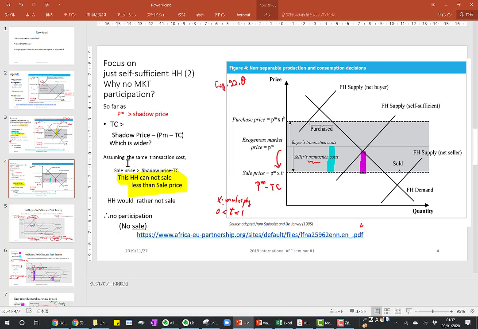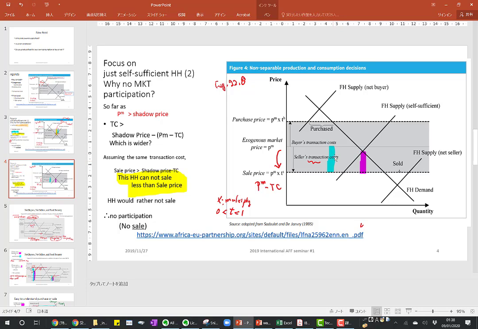assuming that this household also needs to spend the transaction cost almost exactly the same amount, then this household cannot sell at the sale price.